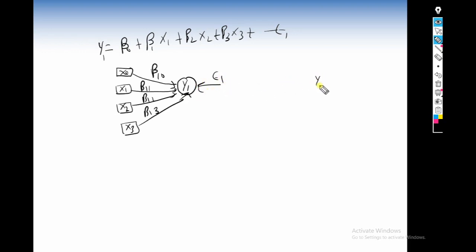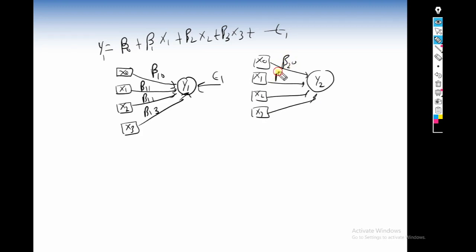Similarly, we can write another equation, with x0, x1, x2, x3 as independent variables. Here the relationships are beta 2 0, beta 2 1, beta 2 2, beta 2 3. These are regression coefficients, and epsilon 2.